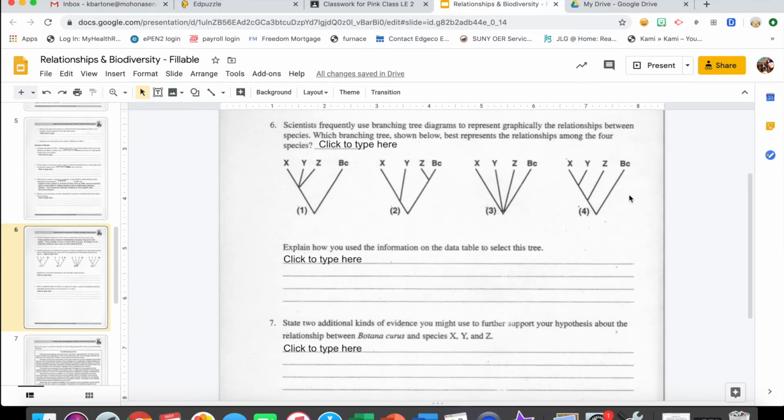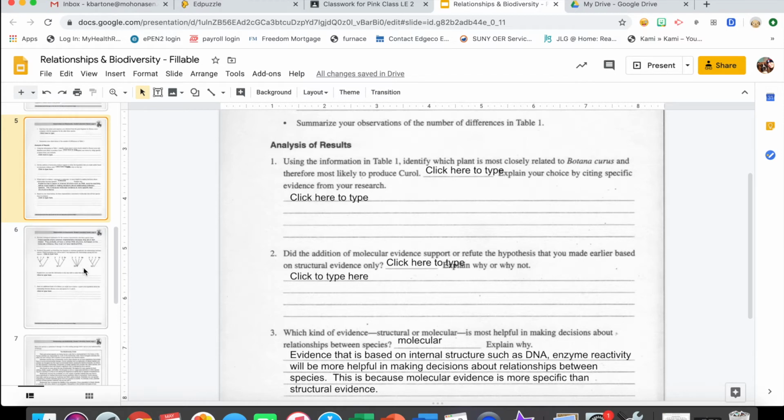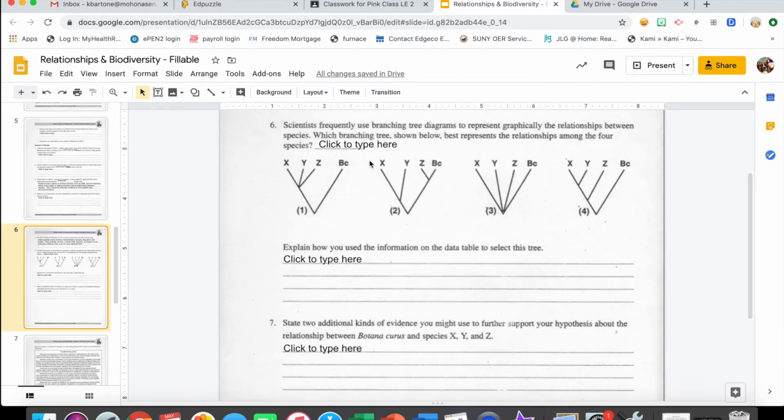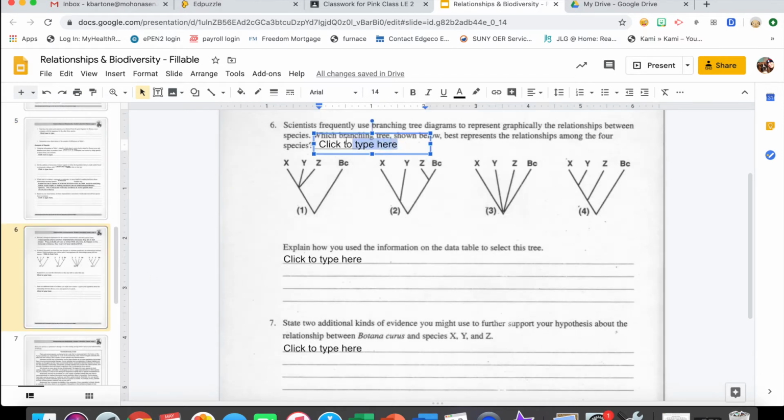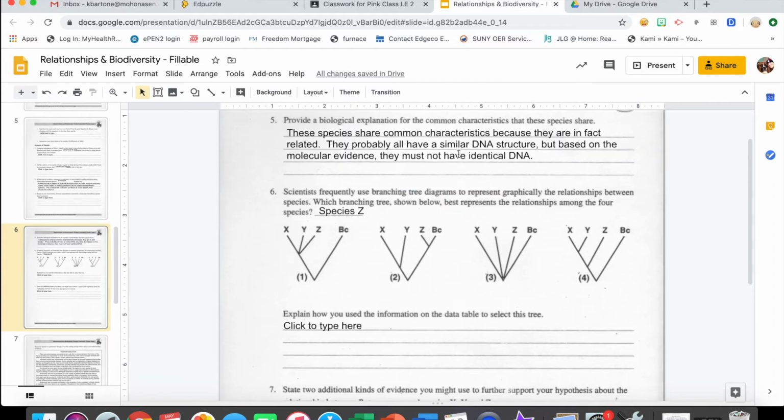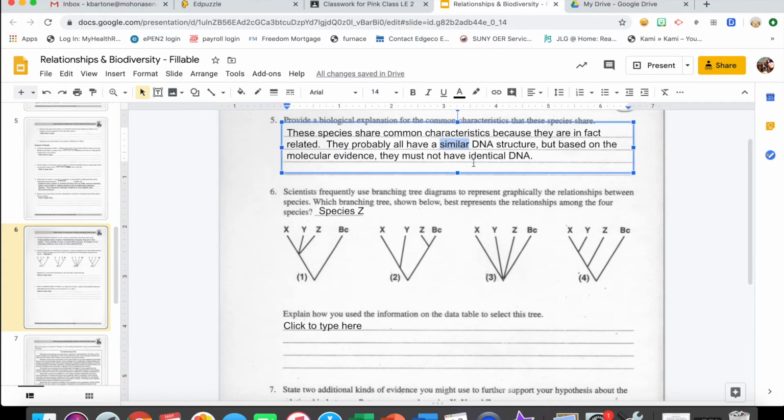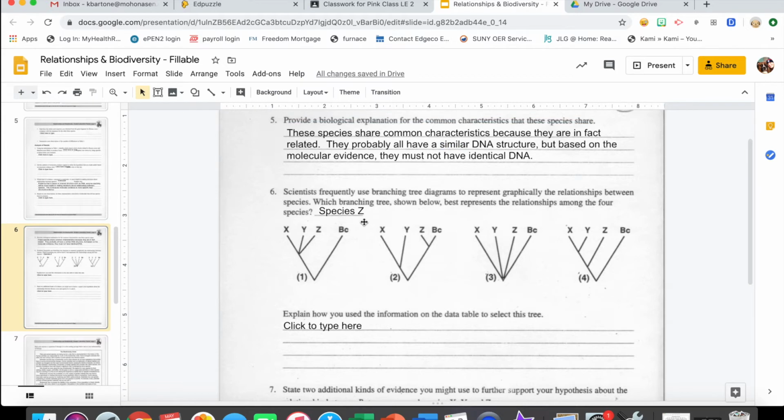So I will tell you now, after you have gone through this, that your answer above, on number 1, should have been that species Z is the most closely related to Botanicurus. So hopefully, based on the other videos that you've seen and the observations that you've made, that was your final conclusion. So again, that's not to say that the other plants are not related and that they're not similar, but we think that species Z is the one that is the most closely related.